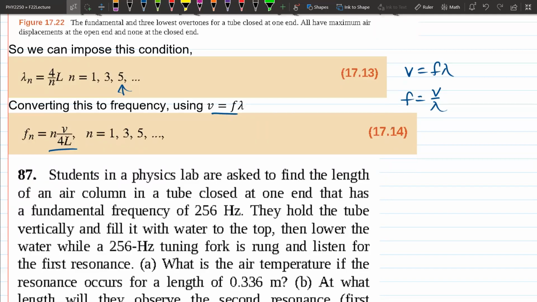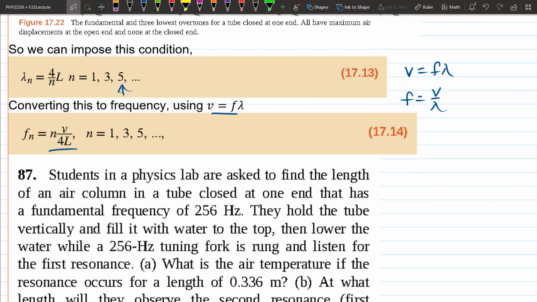So notice that as n increases, the wavelength decreases, just as we said. But since frequency is inversely proportional to the wavelength, as we increase n here, the frequencies go up.